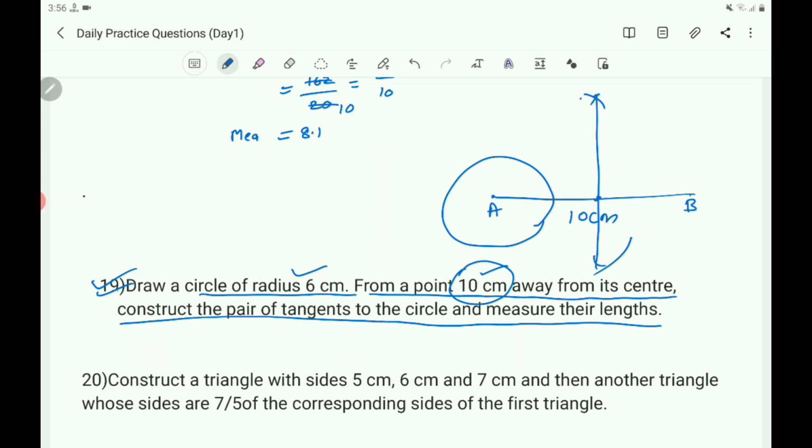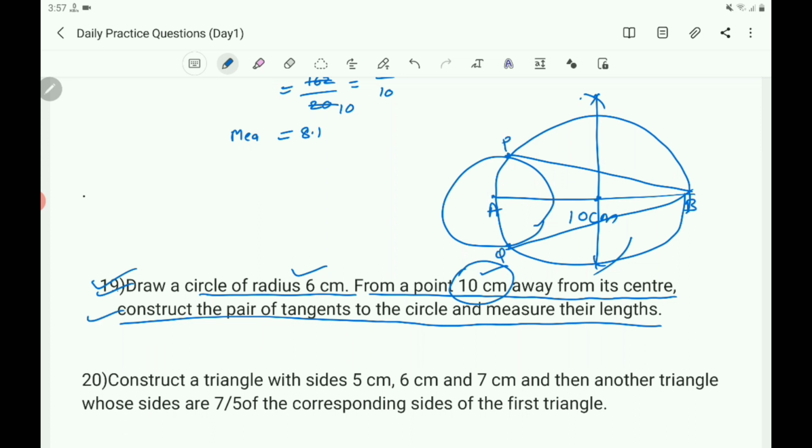With that midpoint as center and AB as a diameter, draw the circle, and the point at which both the circles meet is the point of contact. Join that point to the external point B. You can mark the points as P and Q.